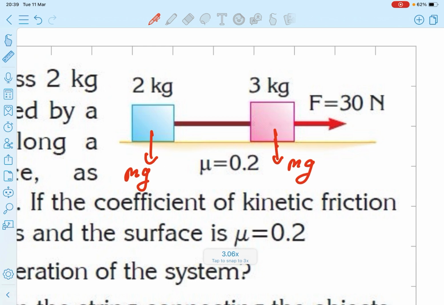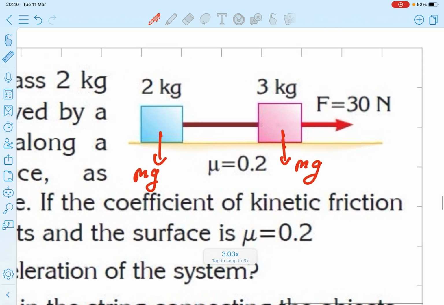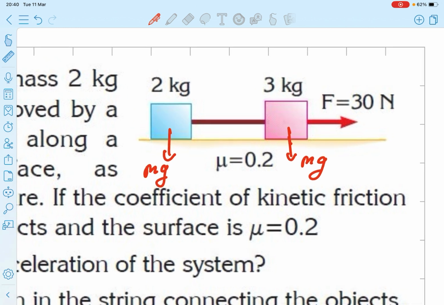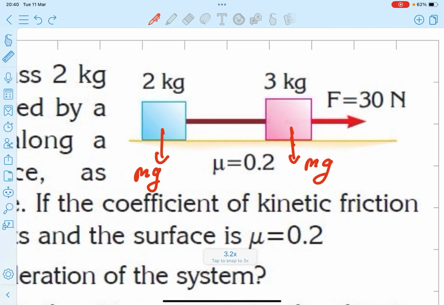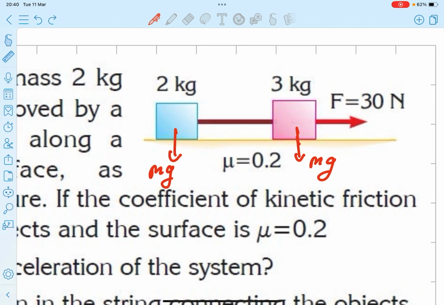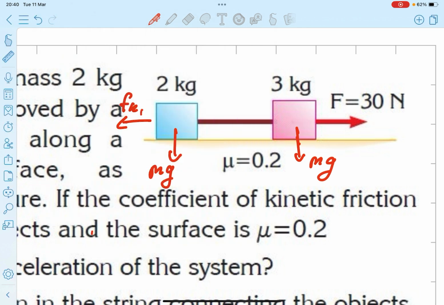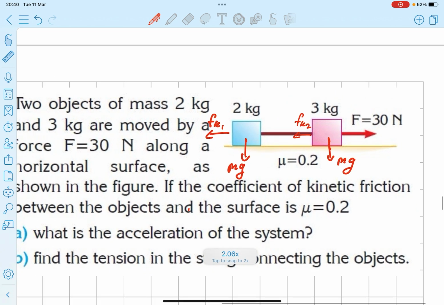And then this 30 newton force is stopped by an opposite force, and that force is coming from the friction. That means there are two different forces of friction here. One, force of kinetic friction 1, and force of kinetic friction 2, because of different masses and because of different normals here, yeah?